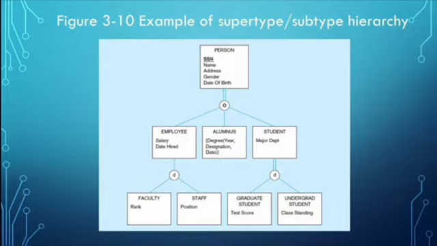The next step is to evaluate whether any of the subtypes identified qualify for further specialization. In the example, employee is partitioned into two subtypes, faculty and staff. Faculty has the specific attribute rank, whereas staff has the specific attribute position.